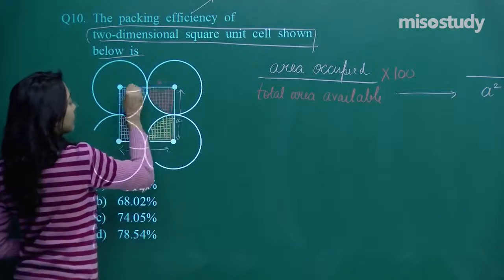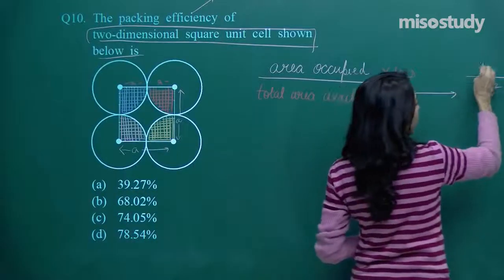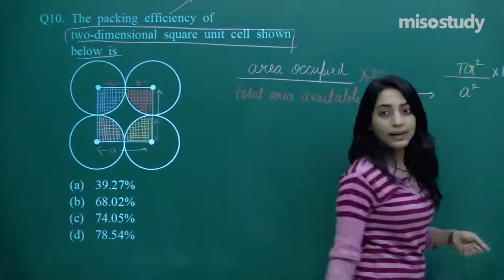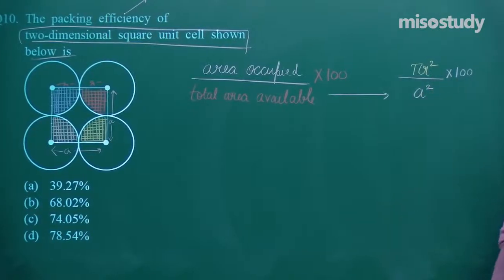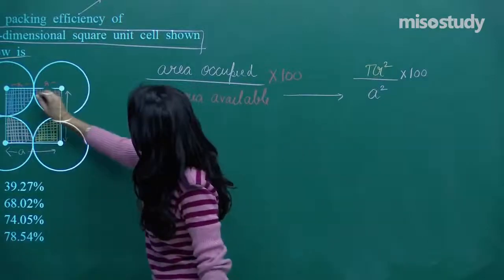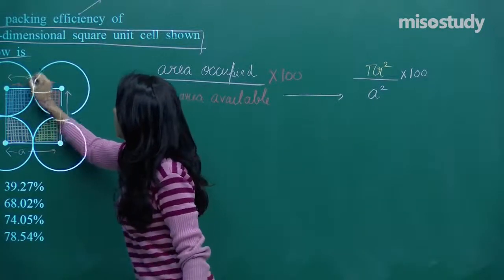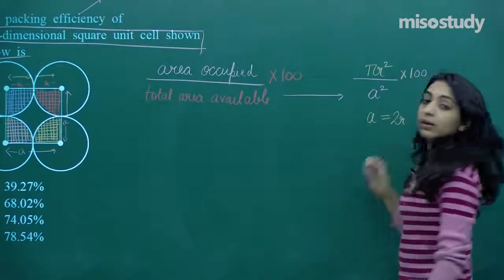The radius is r. So what is the area of a circle? Can you simply say pi r square? Right? But in the numerator it is r, in the denominator it is a. So we need to find out the relationship between a and r. Can you now simply say that a is equal to 2r? Right?